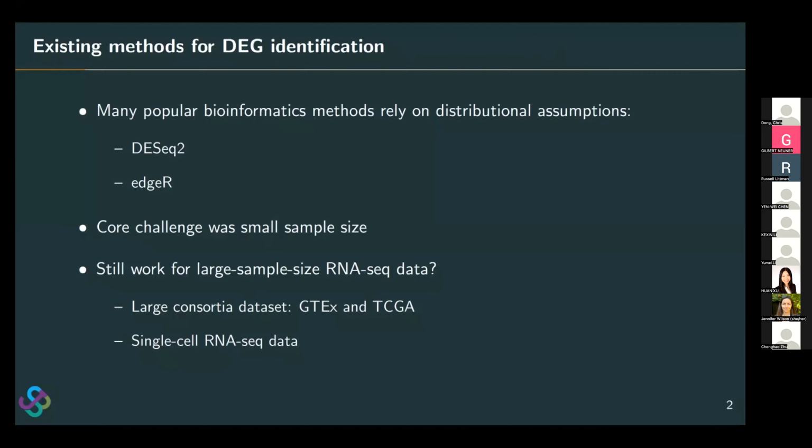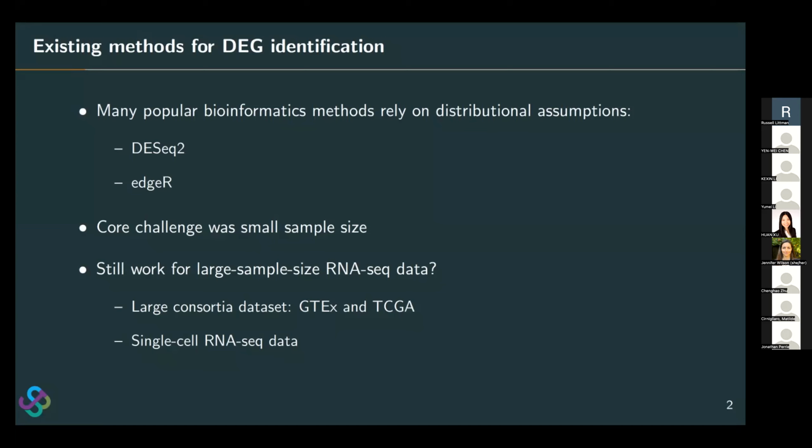So there have already been many differential gene expression methods. Years ago, the core challenge for DE gene identification was the small sample size. And many methods have been developed to solve the small sample size issue by making distributional assumptions.